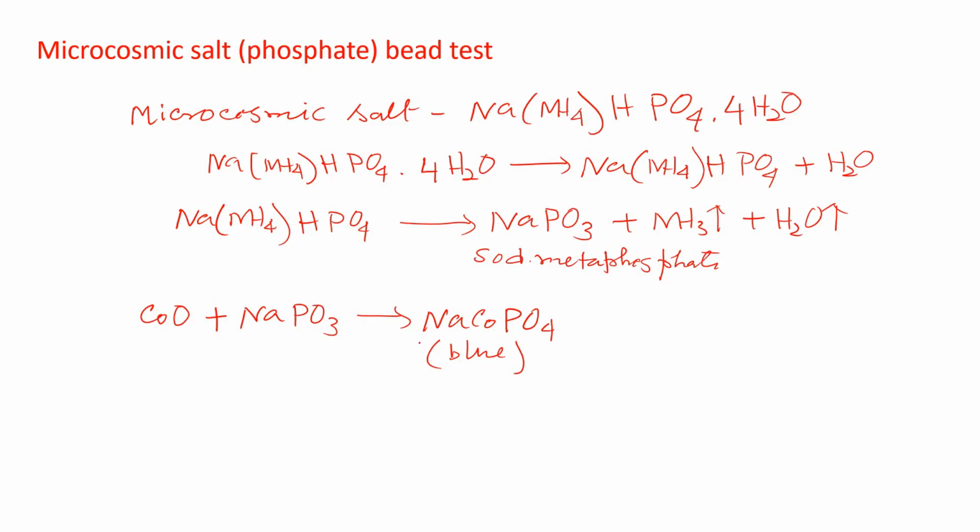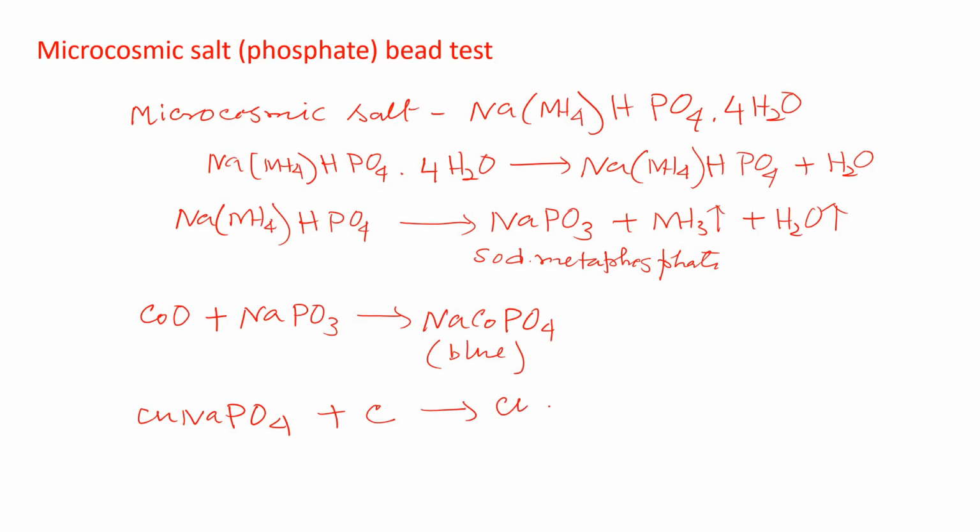This orthophosphate may reduce and then the color will be different. Say for example, if I take the same earlier one, that is copper salt, so it will be the copper sodium PO4, copper orthophosphate, and then it is reduced by carbon, and what it will form?